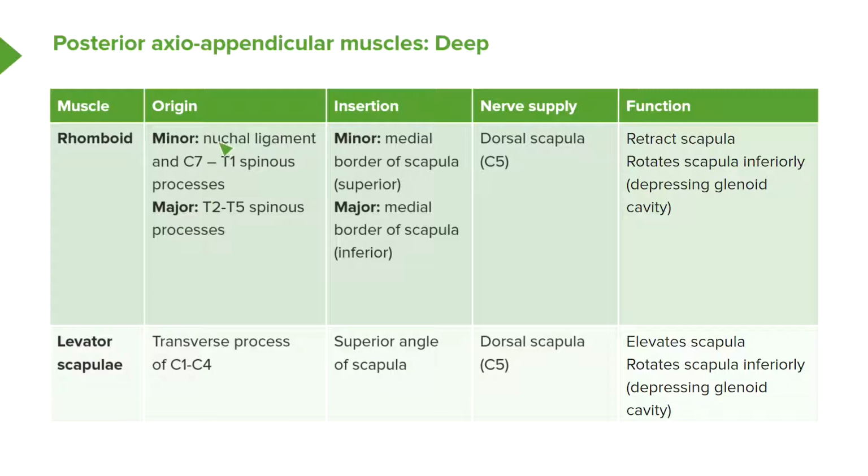We have the minor coming from the nuchal ligament and really the spinous processes of those vertebrae, and major coming from inferiorly, so coming from spinous processes of the thoracic vertebra inferior to C7 to T1, coming from T2 to T5. But really this runs as one block of muscle. The minor one inserts to the superior aspect of the medial border, and the major one inserts into the inferior aspect of the medial border of the scapula.